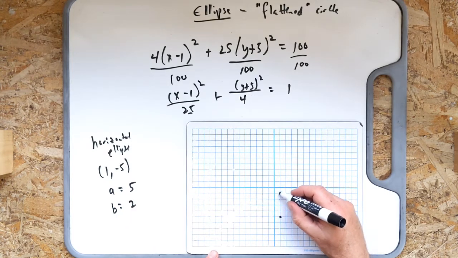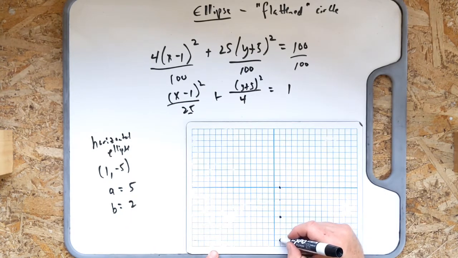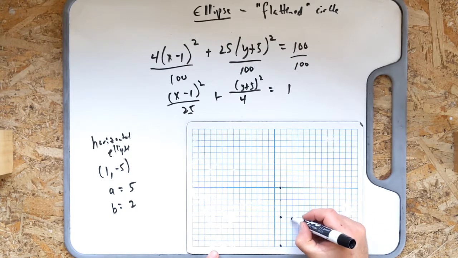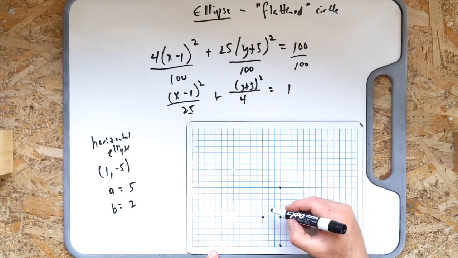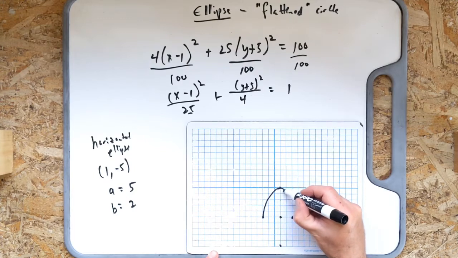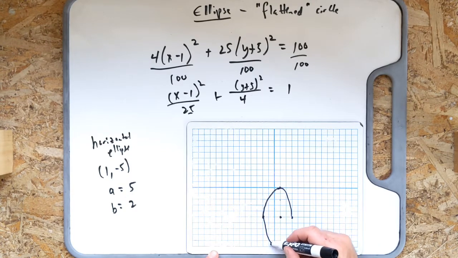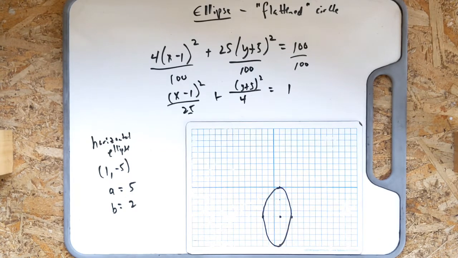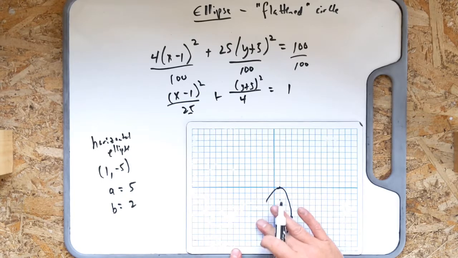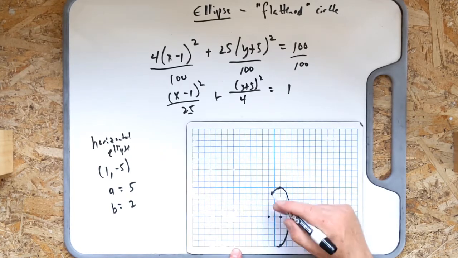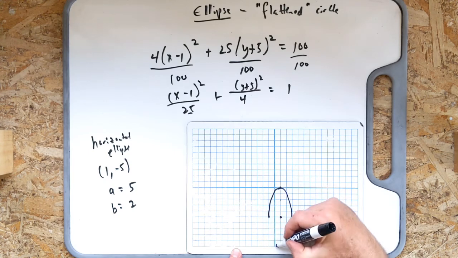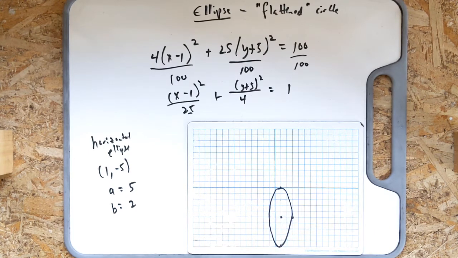So you go 1, 2, 3, 4, 5. 2, 2. This is a little thinner ellipse than the other one. And there we go. Oops, it should have been over 2. There we go. Thinner ellipse than the other ones.